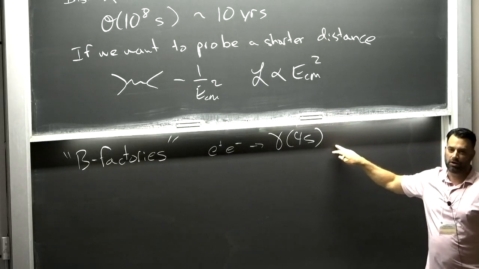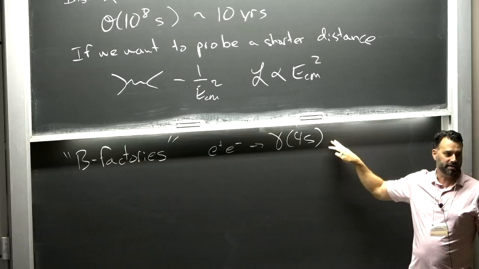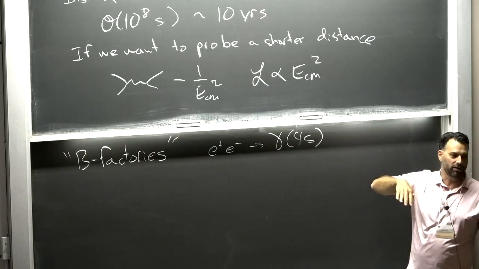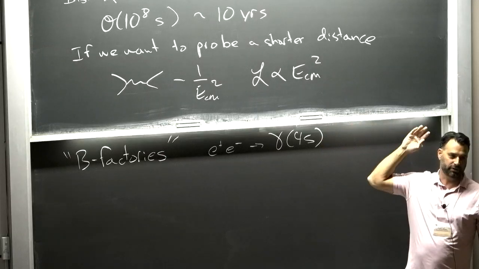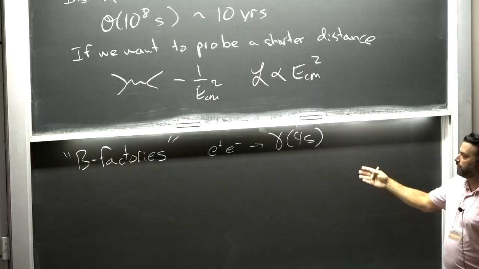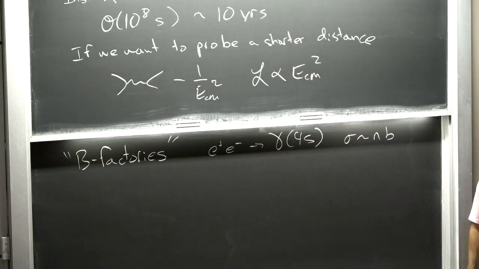But here, all that matters is how many particles we can produce. The cross-section doesn't change when I go from CLEO at Cornell to BaBar at SLAC to KEK and Belle in Japan. The cross-section is always of order nanobarn for B physics. Therefore, the only chance to do precision measurements better is to increase the luminosity.